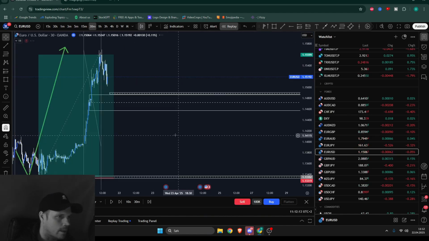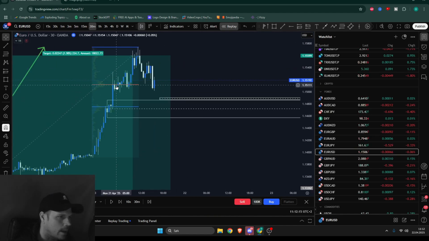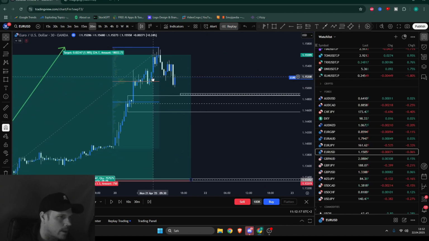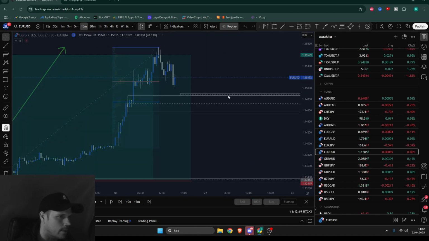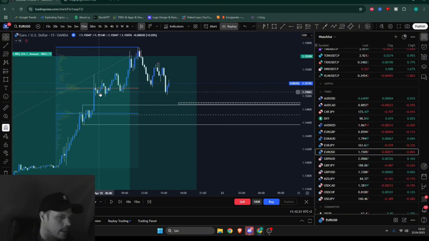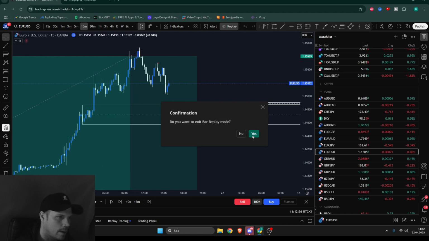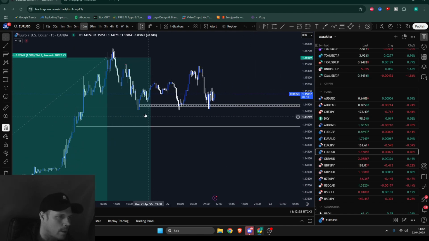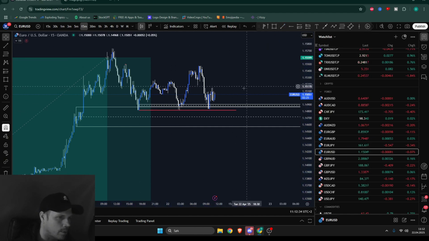So right now, let's look at what the euro is doing, right? If you look at the 15-minute chart, I'm actually in replay mode, but we can see right now that price is creating another liquidity pool right here.